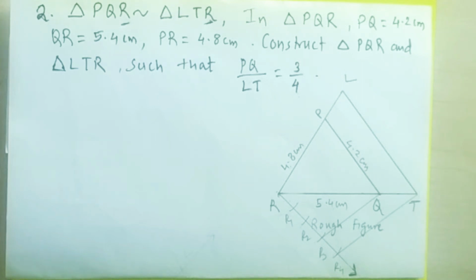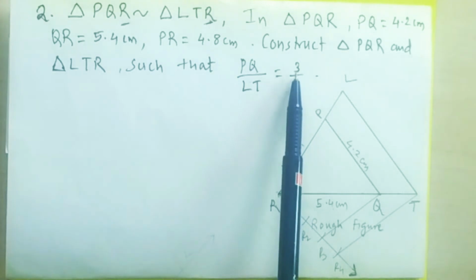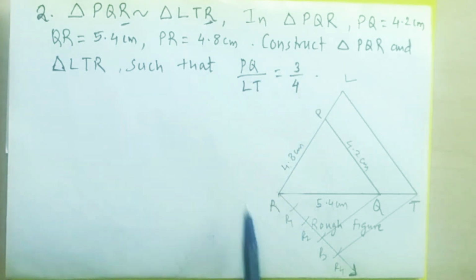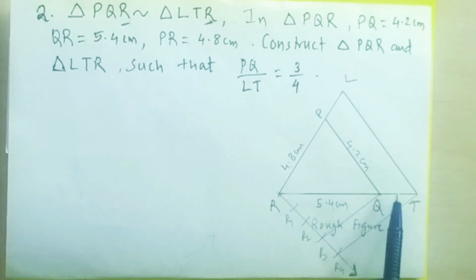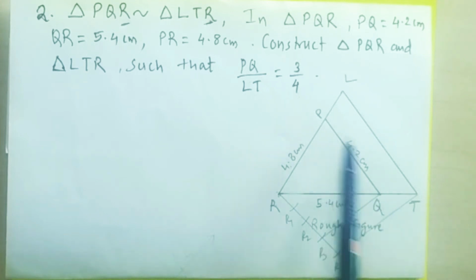PQR and LTR. So for the analytical rough figure of this triangle, first construct triangle PQR, then draw an acute angle at the base segment, that is RQ, of suitable measure. Then here PQ is 3 parts and LT is 4 parts. PQ being 3 parts means the triangle LTR which is going to be constructed will go outside triangle PQR.